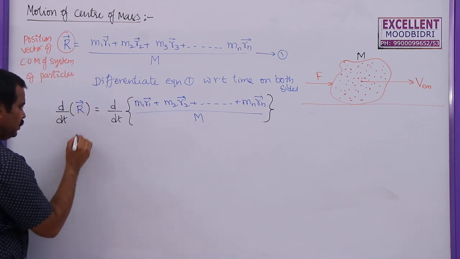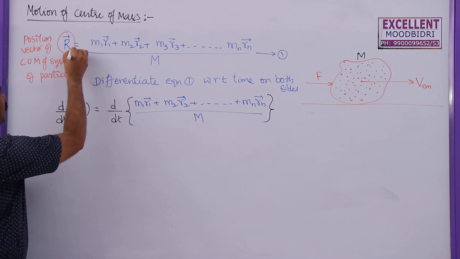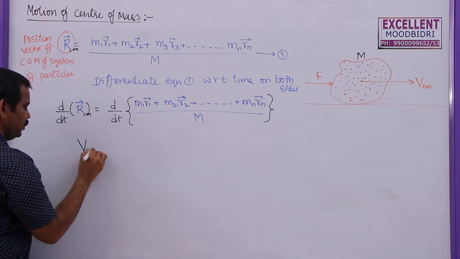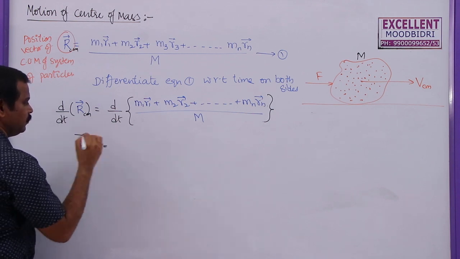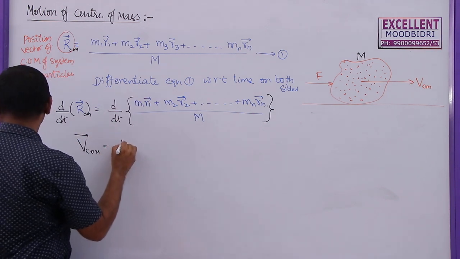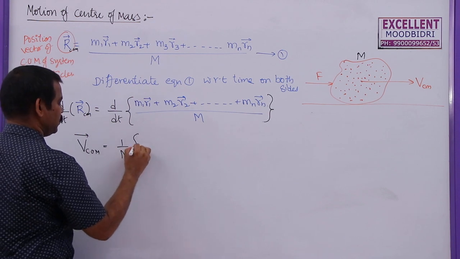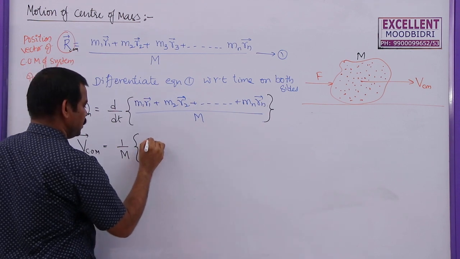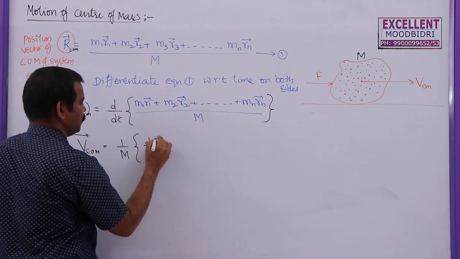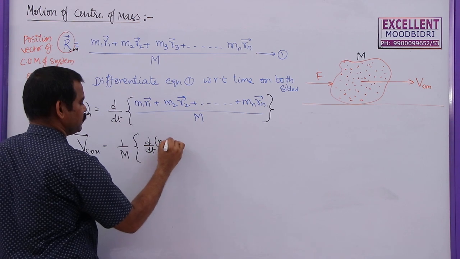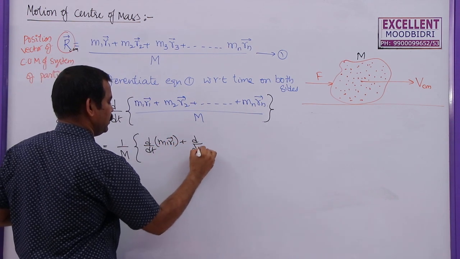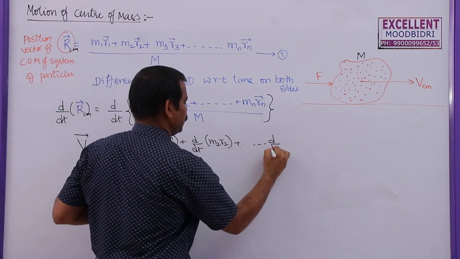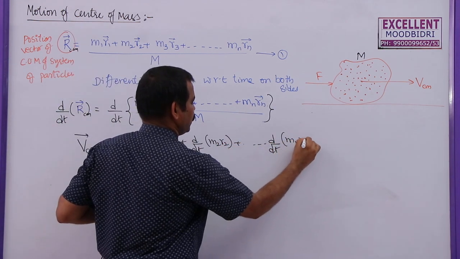So this is nothing but RCOM, it will become VCOM bar, which is equal to 1 by M outside, and now let me differentiate each and every term here. This will become d by dt of m1 r1, d by dt of m2 r2 and so on, d by dt of mn rn.